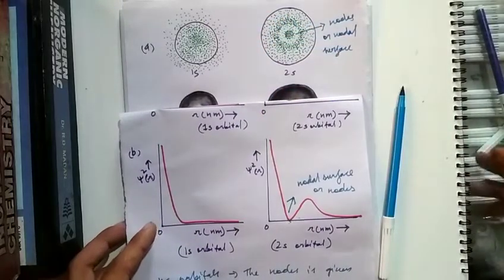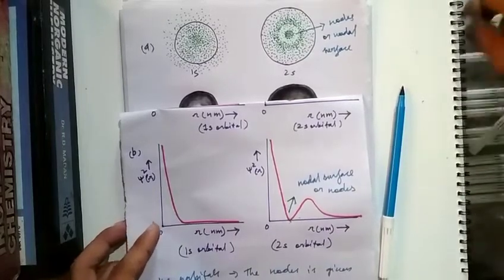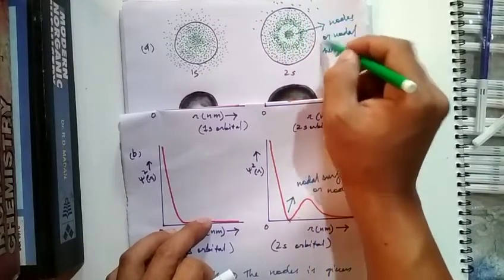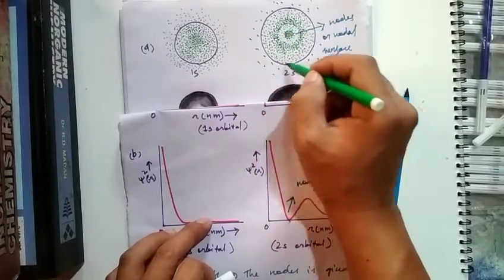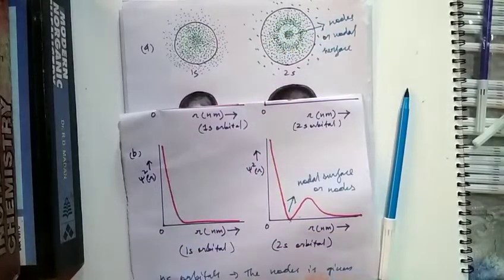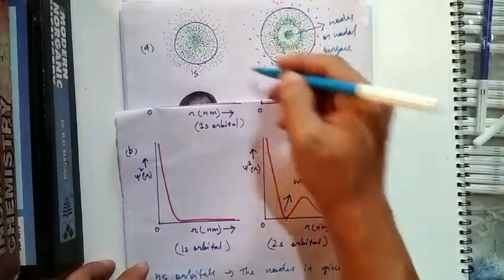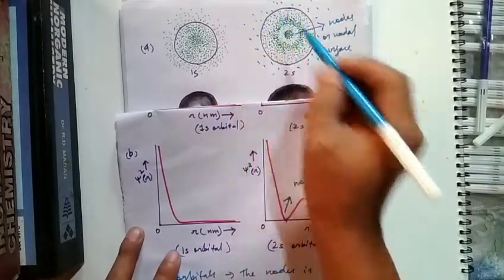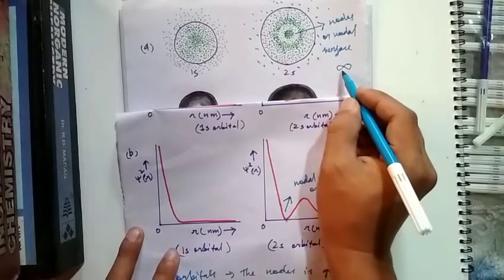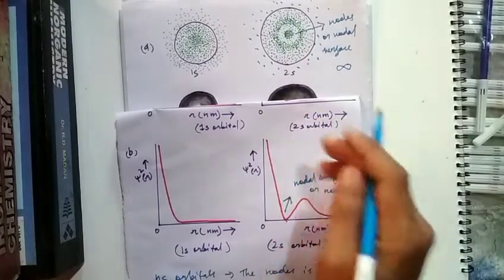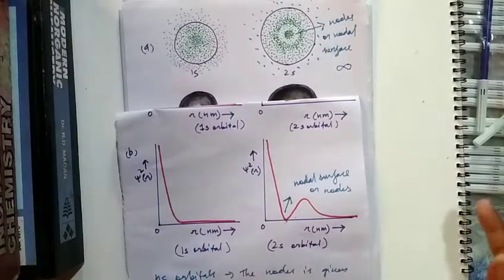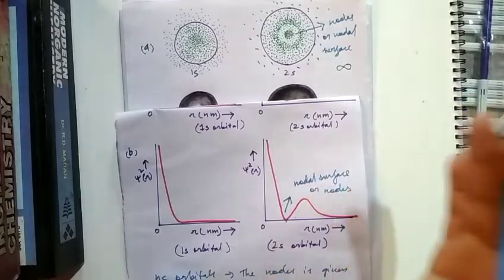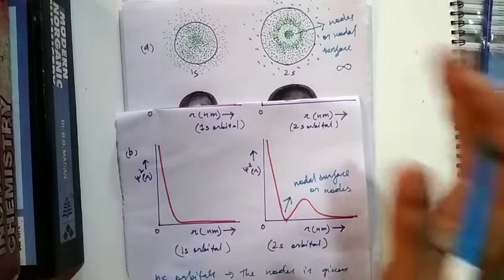If you move further away, it will decrease. These electrons can be anywhere in space, so the probability of finding the electron can reach till infinity, covering an infinite space. If you have to draw the shape, it will be impossible.